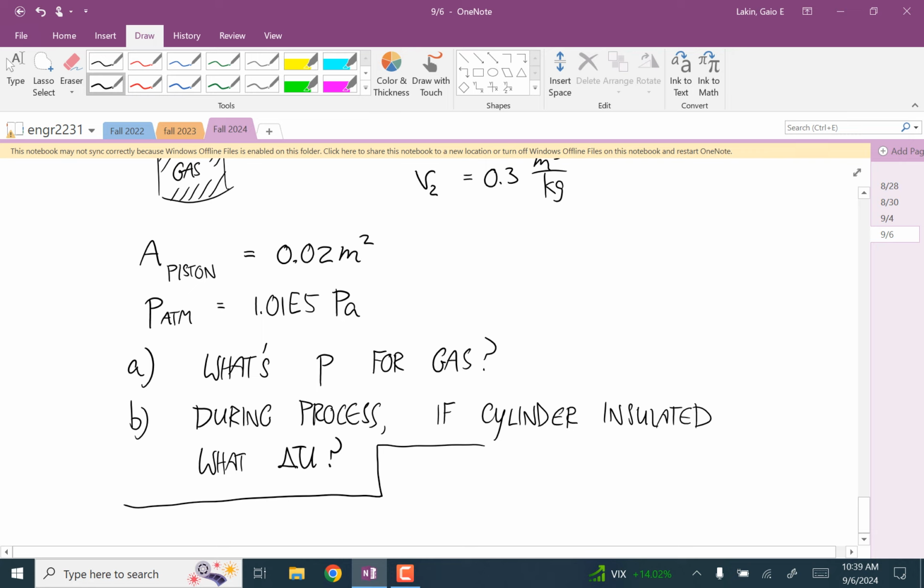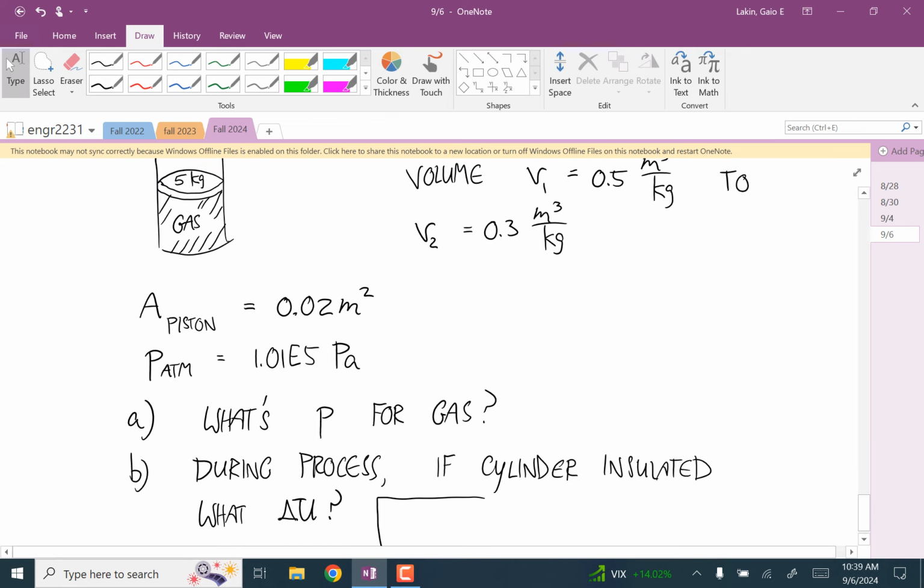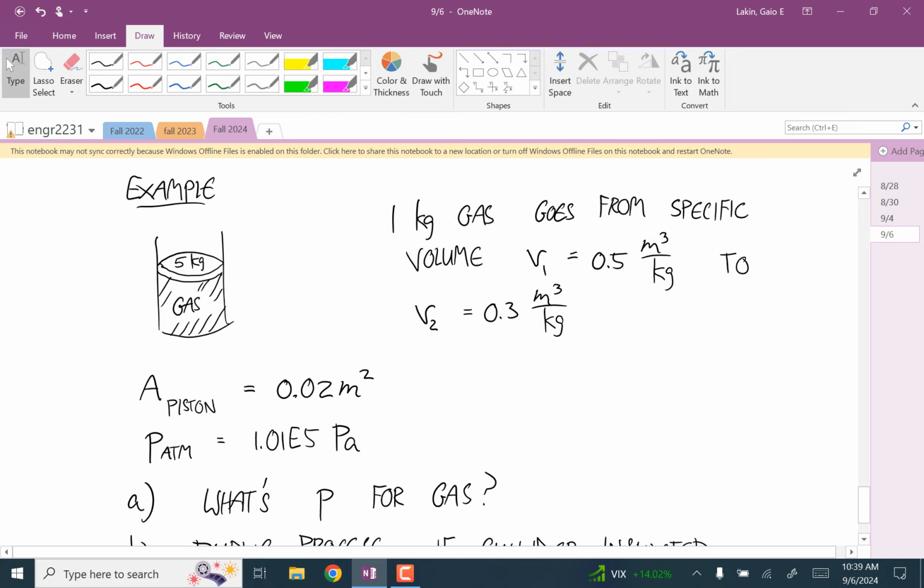Okay, I know there was at least one question like this on the homework that's due tonight, where you have to calculate the pressure based on forces acting on the piston. In this case, there's no extra external force, but the force acting on the piston is just the weight.